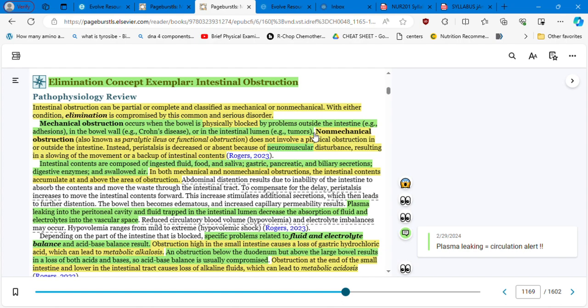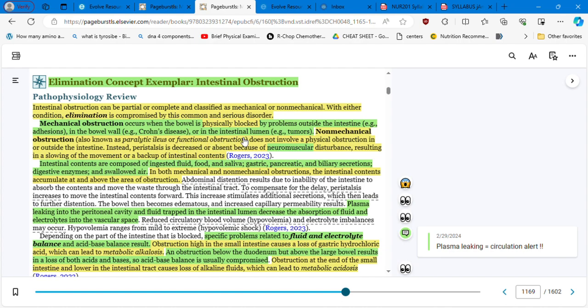Now, non-mechanical obstruction, also known as paralytic ileus. When we talk about paralysis in any form, it's related to the nervous system, right? The influence the nervous system has on our muscles. So we are talking about paralytic ileus, which means there is some problem with the nervous system.